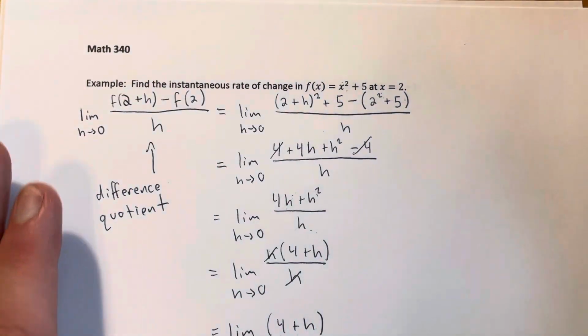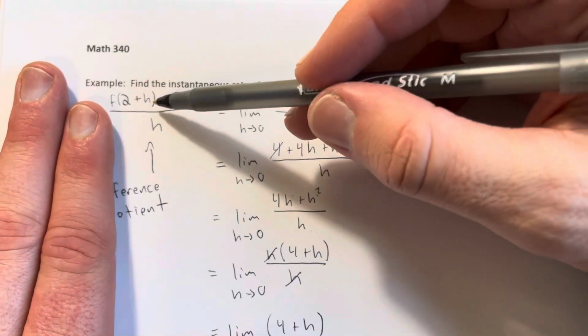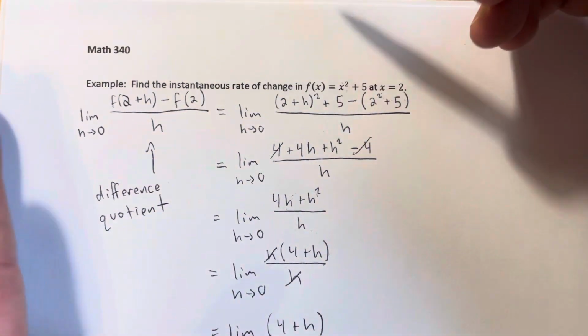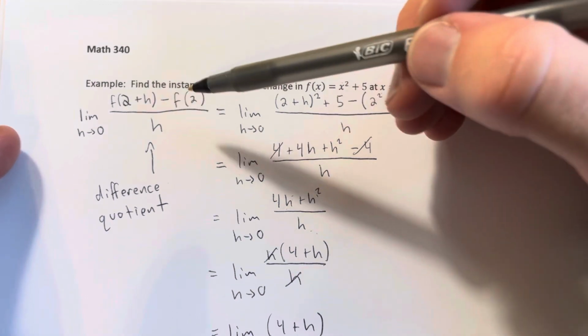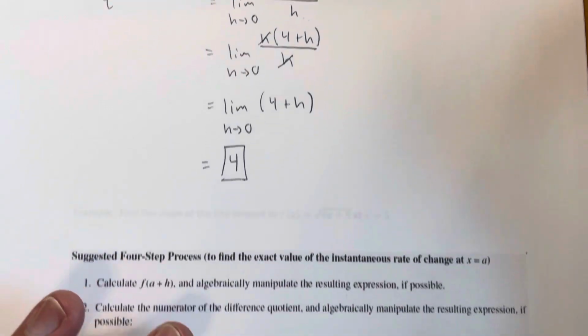You're going to be dealing with a lot of these in this chapter. But a difference quotient is something that takes this exact form, f of a plus h minus f of a all over h. And we call it a difference quotient because, as the name implies, it involves a difference between two things and a quotient between two things. So the name is pretty intuitive, I guess.